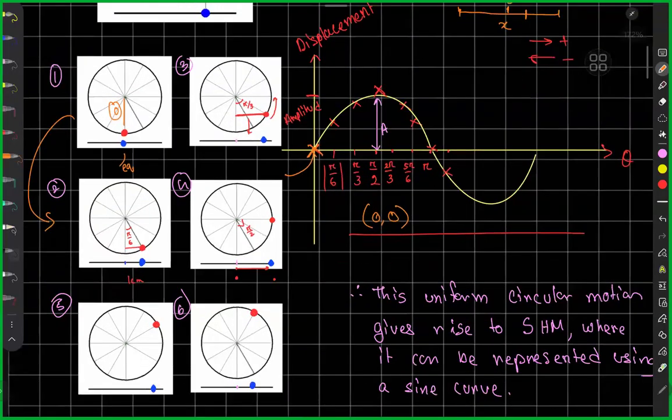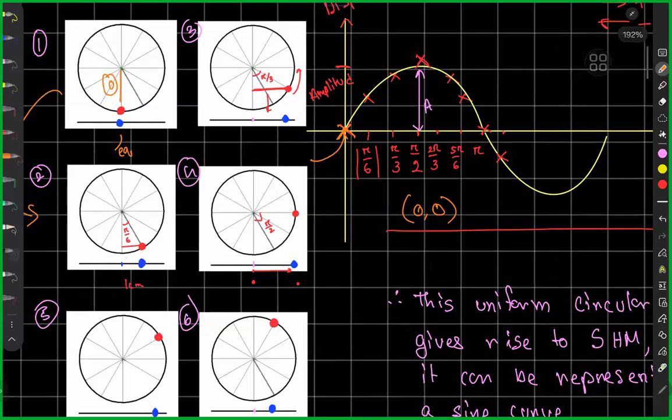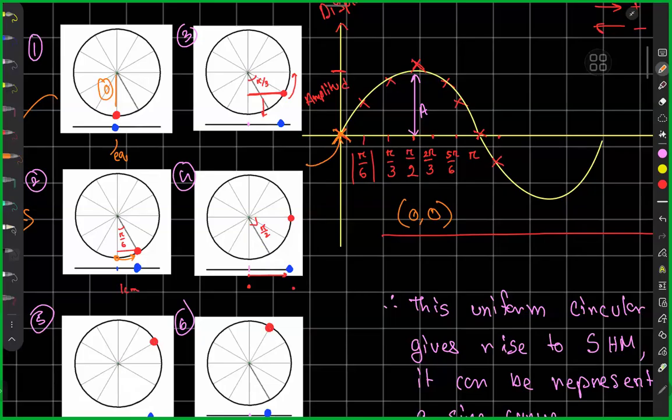I have moved this red bob from this to this. So it is going anti-clockwise. The red bob is circulating anti-clockwise. Now at this position, tell me, what is the angle that the red one is making? Pi by 6. Clear?